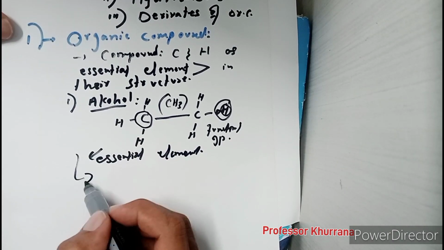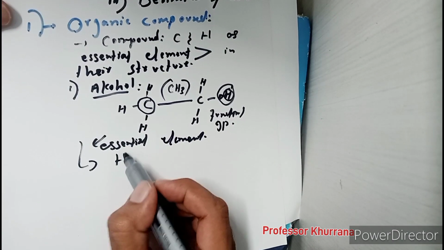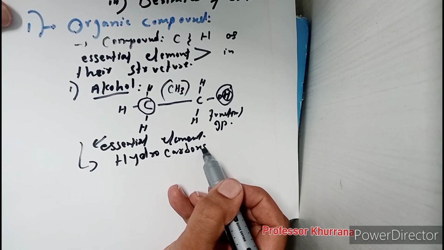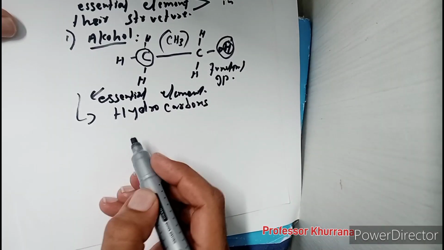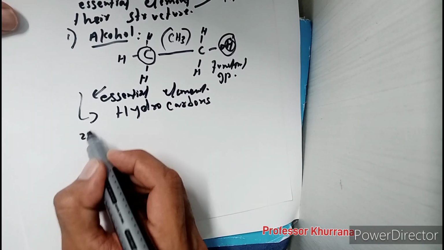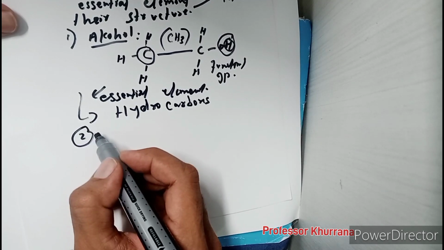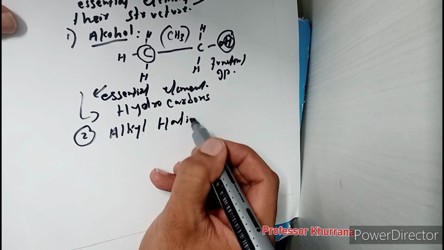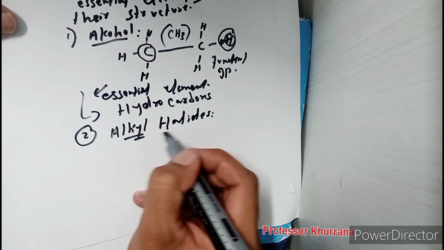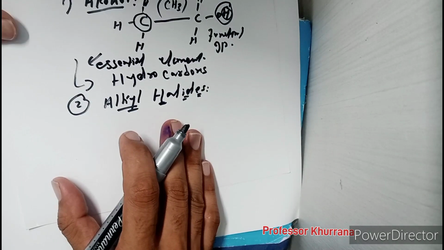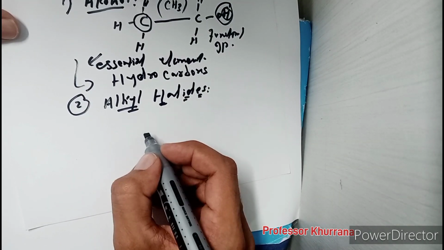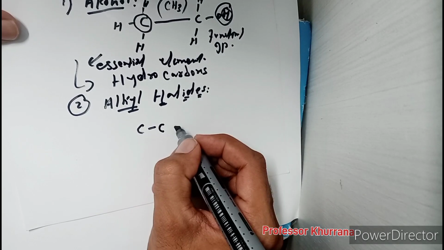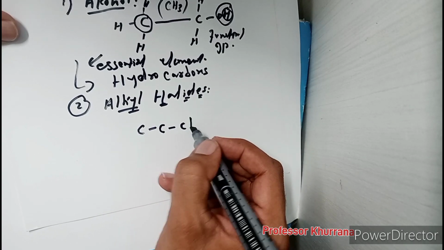So alcohol is also a hydrocarbon. Now we will discuss example 2, that is alkyl halides. Let's come to the structure of alkyl halides. Here carbon is attached to carbon and Cl, chlorine.